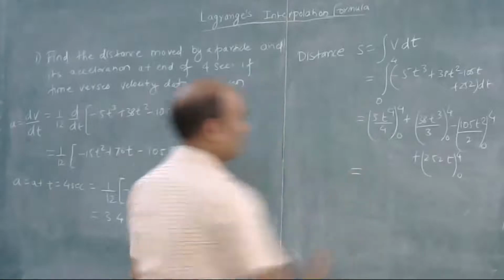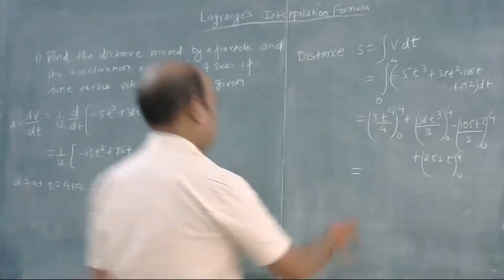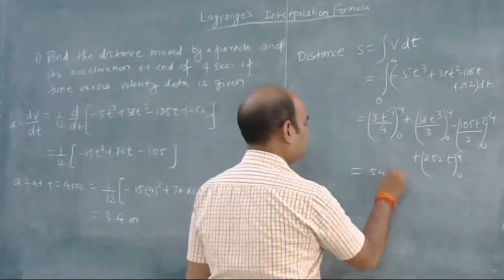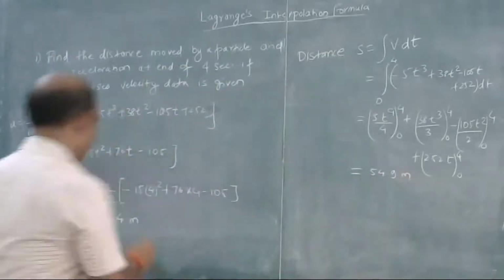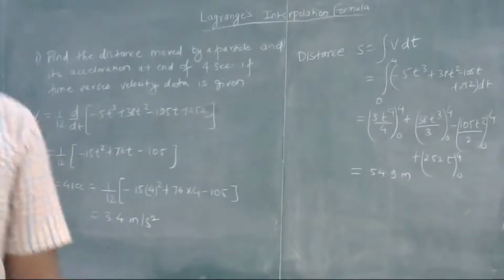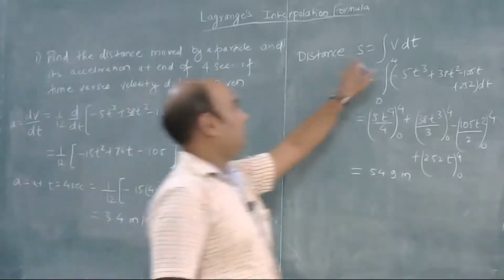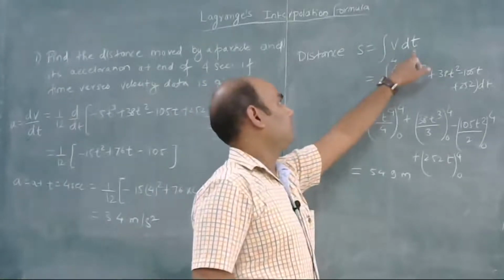So this will be equal to 54.2 meter. So distance travel is equal to integration of v dt.